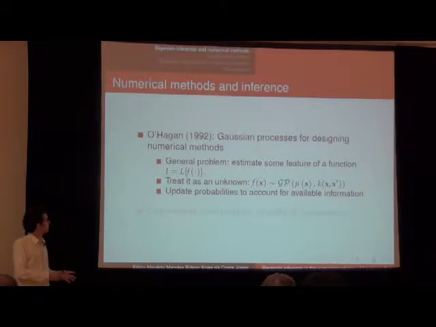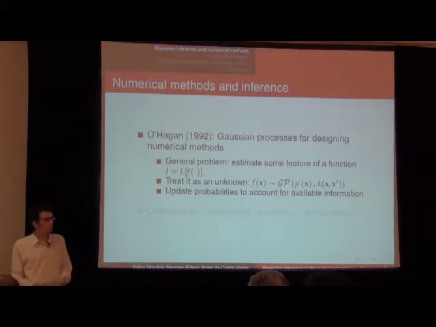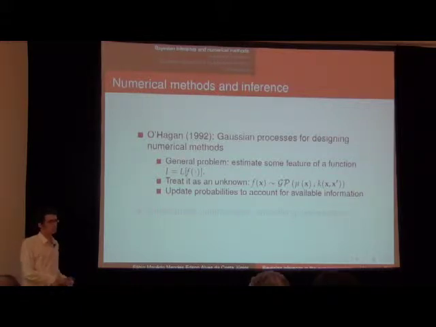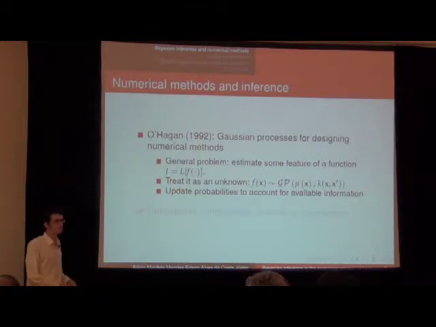In many numerical methods, you have some function that either you don't know or you are not allowed to know. For instance, when you are computing a quadrature, even if you know the integrand, you cannot use the value of the function in all points of the domain because they are infinite.